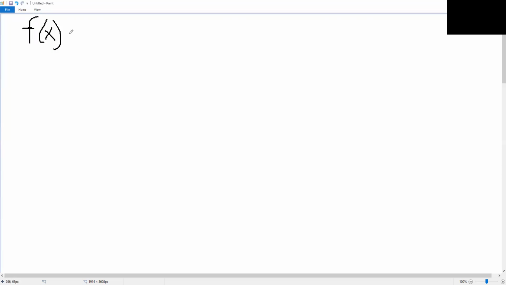You could have something like f of x equals x squared. And then they'll give you what x should equal if you need to evaluate it.